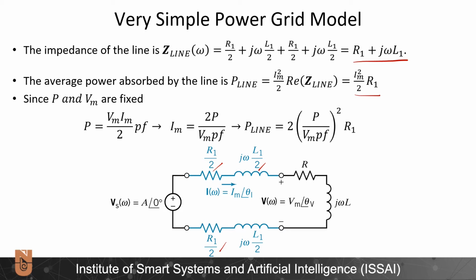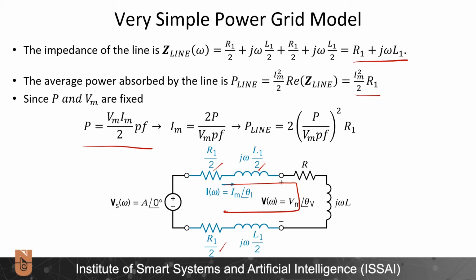Since the average power and the voltage of the load are fixed, assuming that the same current is passing through these elements, the average power P delivered to the load is equal to Vm times Im divided by 2 times the power factor.